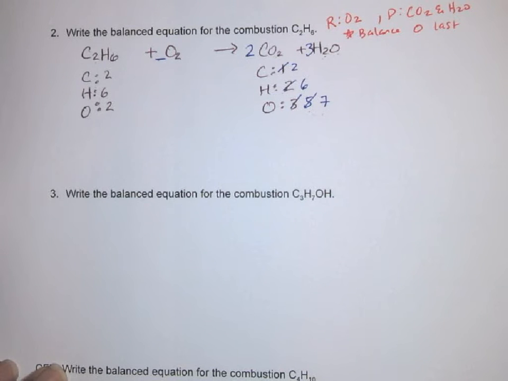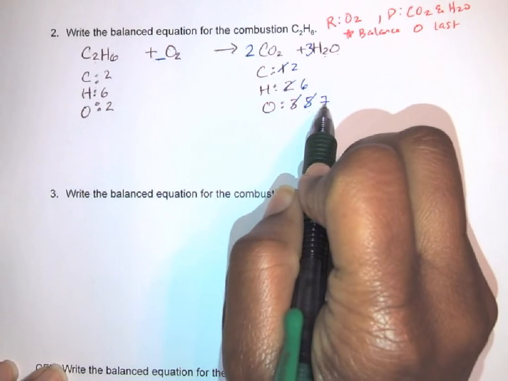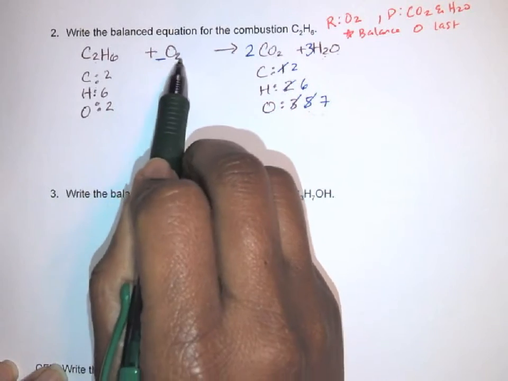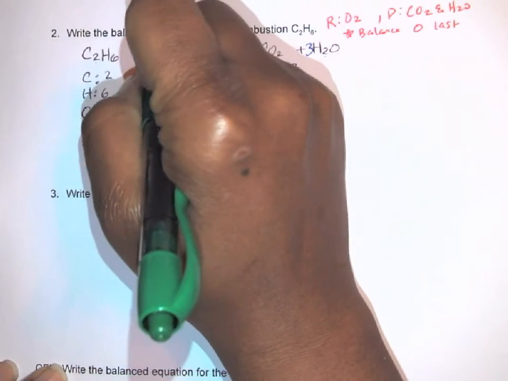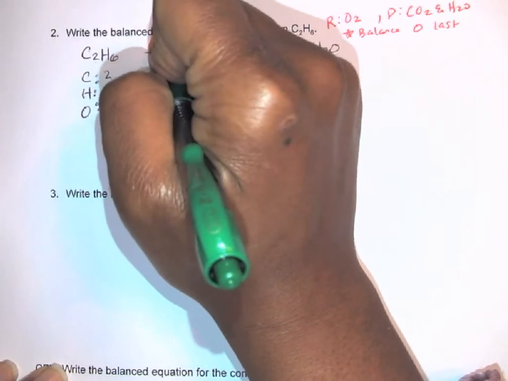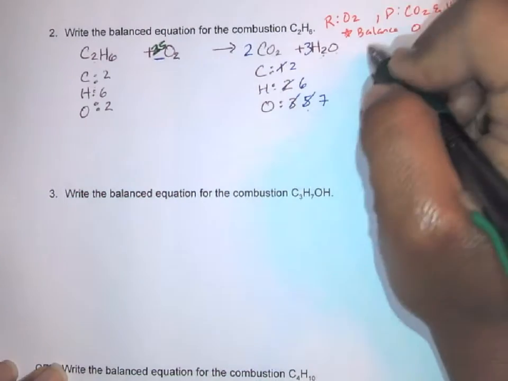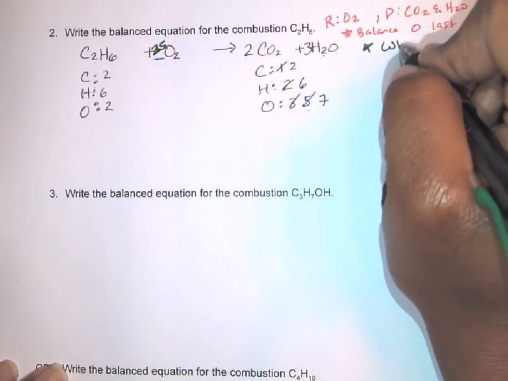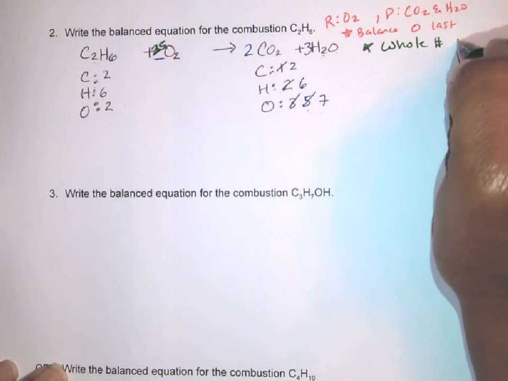If I wanted to figure that out, I would say, 2 times what will give me 7? That number is 3.5. So that's a 3.5 there. But the problem is we can only have whole numbers, no decimals.